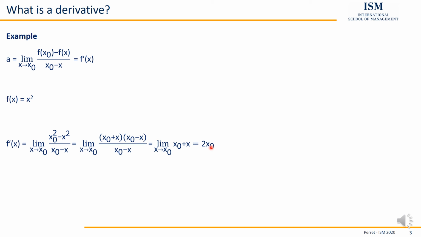And if you just recall what you know about this function, the first derivative of this function is 2x. So if we were to calculate the first derivative at the point x equal to x0, you would get 2x0. So this is the first derivative of this function at point x0.